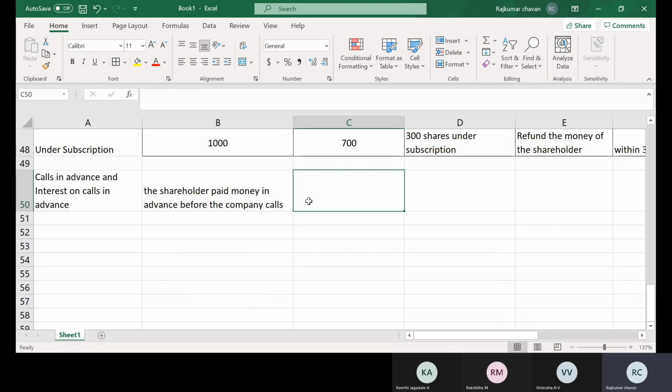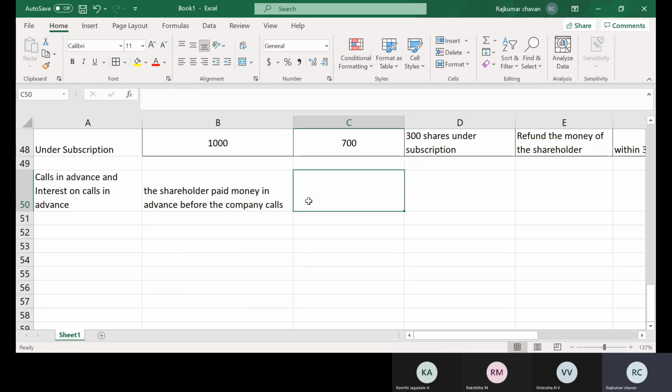Whatever the shareholders have paid to the company in advance, before the company raises the next call, that is called calls in advance.